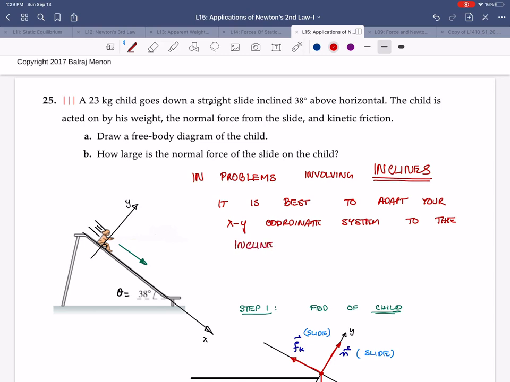And by this, I mean choose either your x-axis or your y-axis to be along the incline.